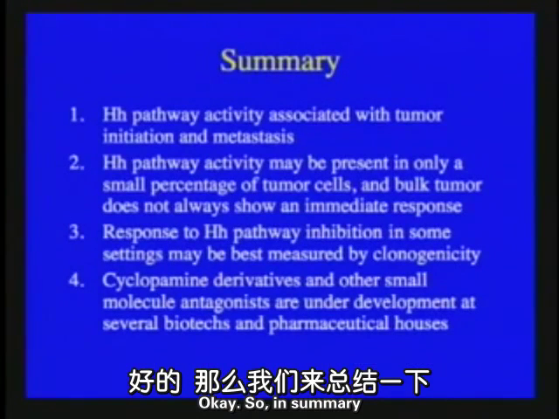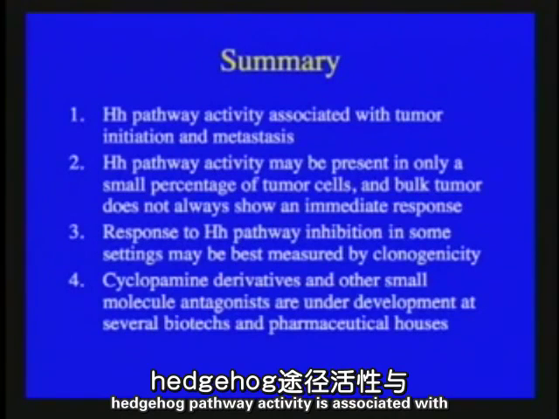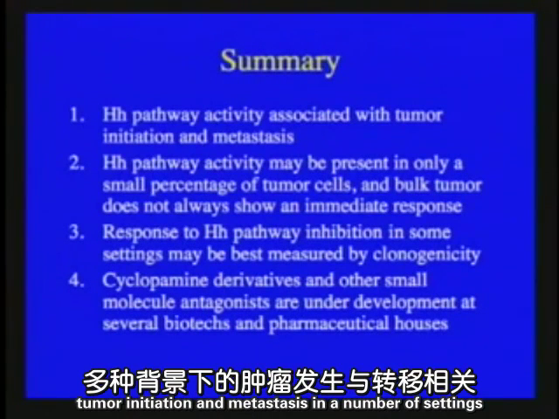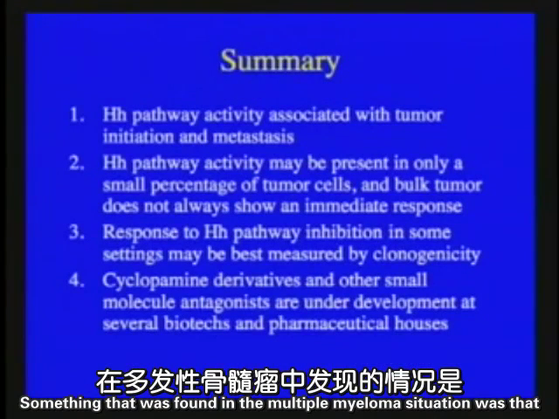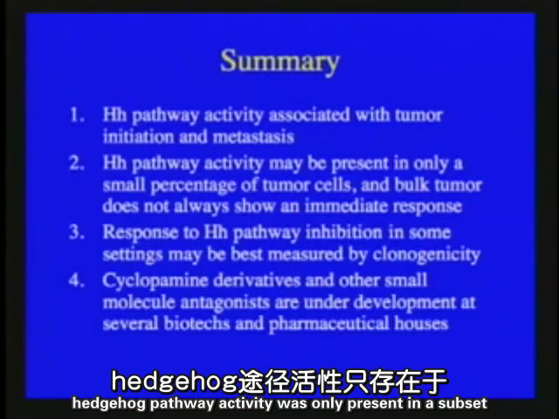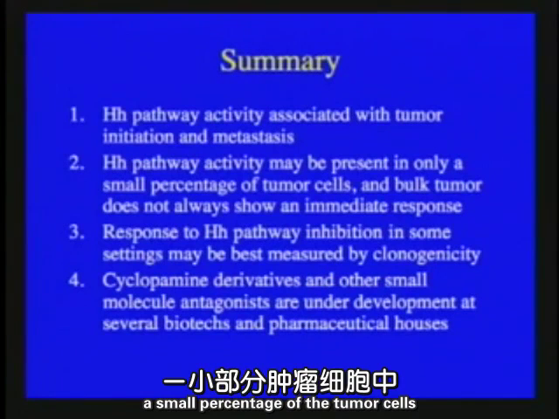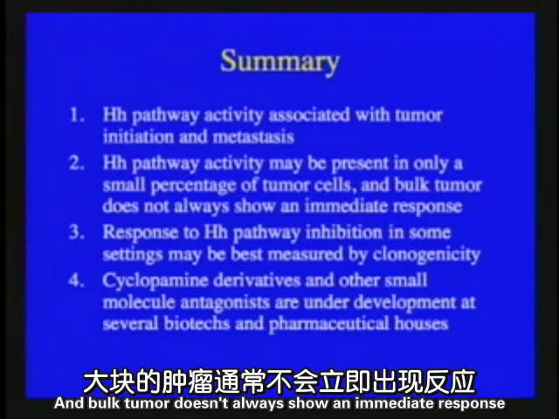So, in summary, hedgehog pathway activity is associated with tumor initiation and metastasis in a number of settings. Something that was found in the multiple myeloma situation is that hedgehog pathway activity actually was only present in a subset, a small percentage of the tumor cells. And bulk tumor doesn't always show an immediate response.